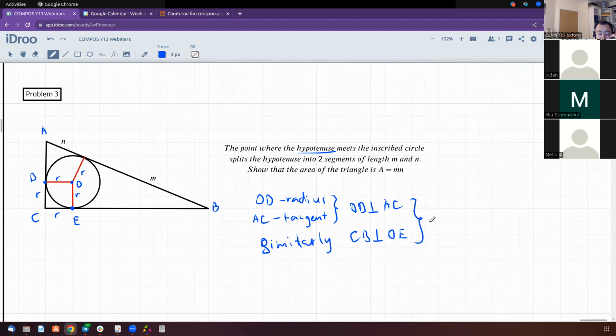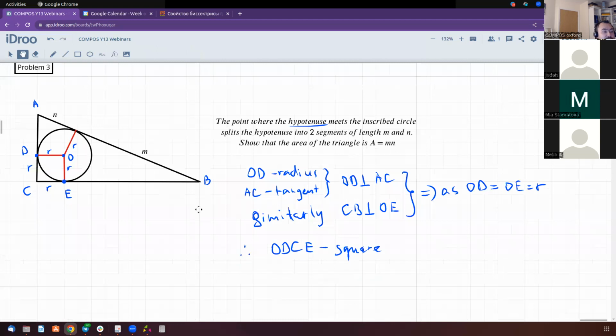There's perpendicular, and therefore, as OD is equal to OE equals to the radius, therefore ODCE is a square. Okay, it is a square because the angles are 90 degrees and the sides are equal.